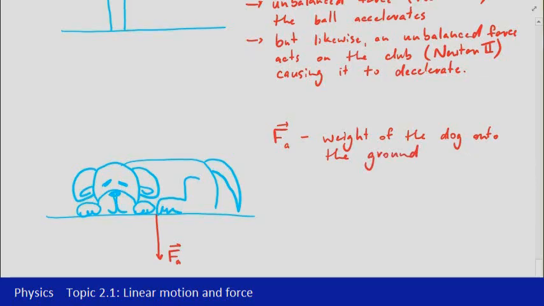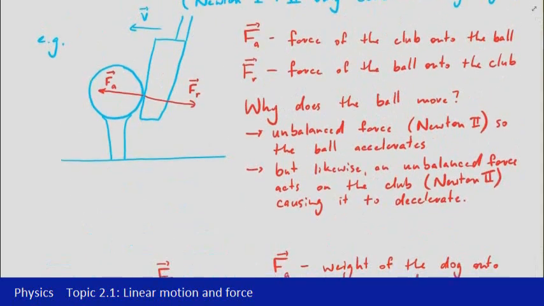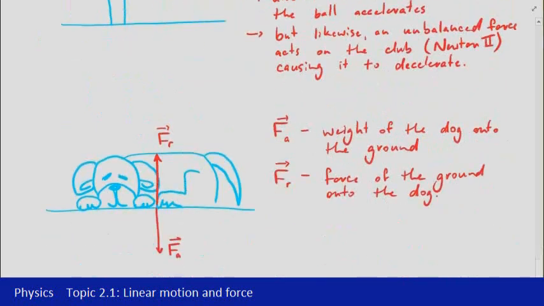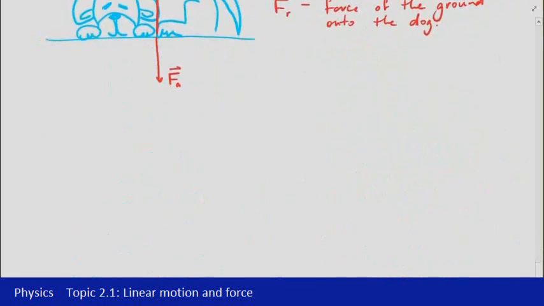And the reaction force will be then the force of the ground onto the dog. And because those forces are balanced, or they're equal and opposite, we can say that Newton's third law is at play here. Now you might notice we've got two different scenarios, one where we have some motion involved and another where nothing's moving.